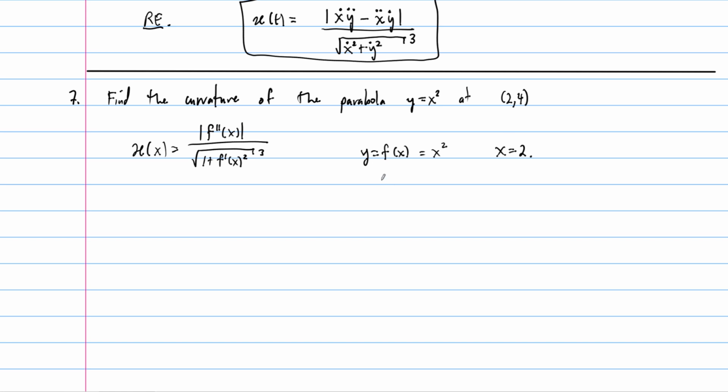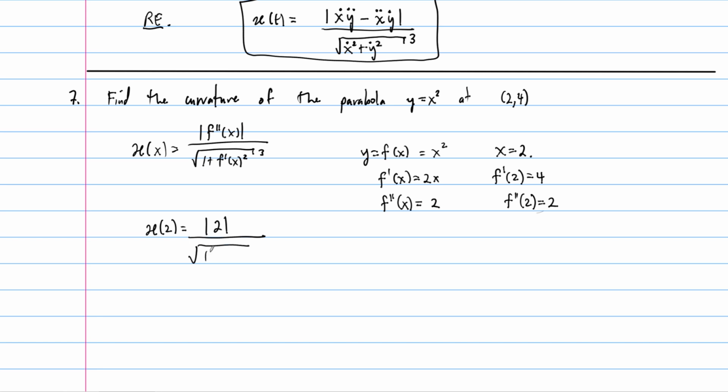So this is what we need to do. We need to take the derivative. Well, f prime of x is equal to 2x. So f prime of 2 is equal to 4, right? Just plug in the x value. And then take another derivative. f double prime of x is 2. So f double prime of 2 is 2. And then plug into here, right? So kappa of 2, the curvature at x equals 2, is given by absolute value of 2, I'm just plugging in these values over here, right?